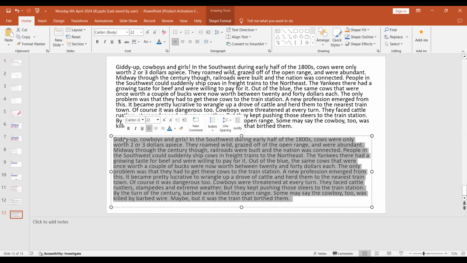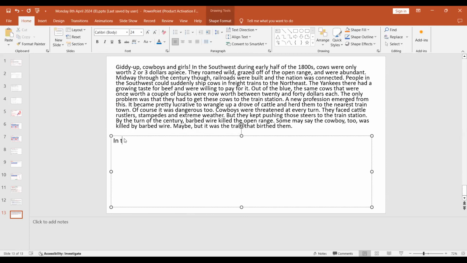What could we say? In the 1800s, when they say cows were only worth $2 or $3 a piece, what does that mean? Were they worth a lot of money, or were they not worth a lot of money?